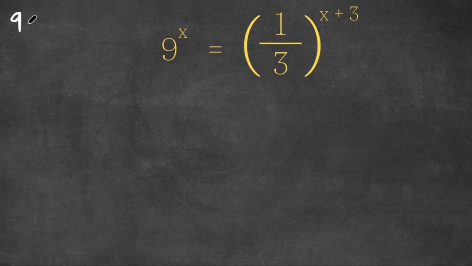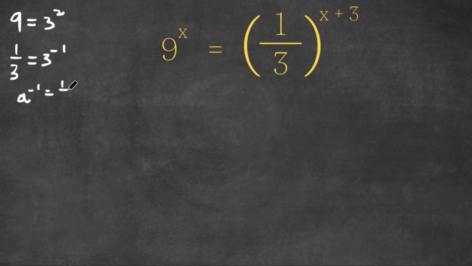So 9 is equal to 3 squared. And 1 over 3 is equal to 3 to the power of negative 1. Because remember, a to the power of negative 1 is going to be 1 over a.